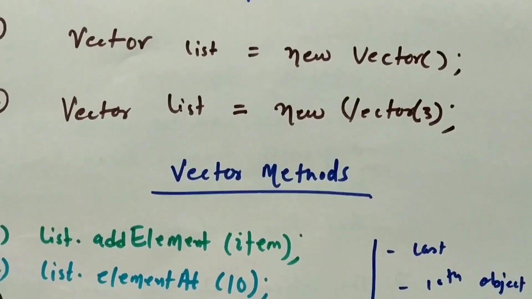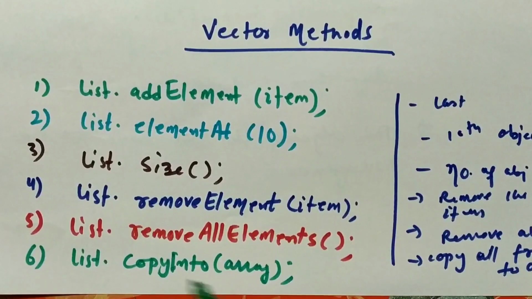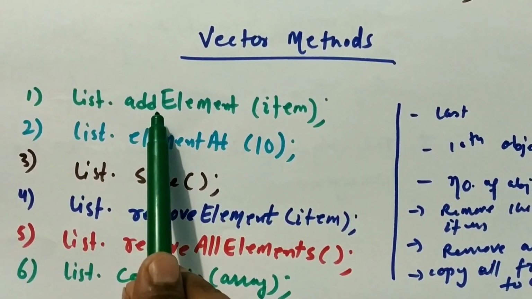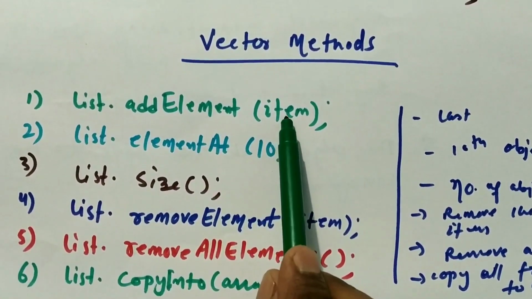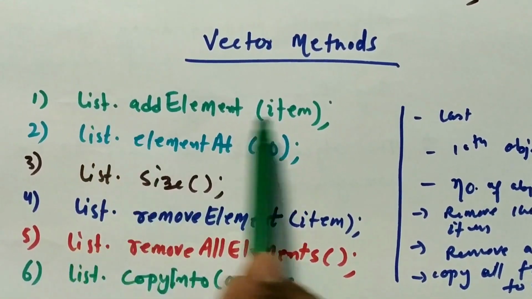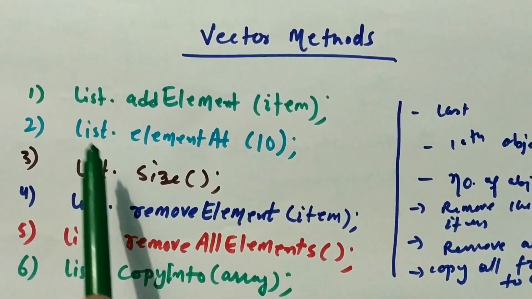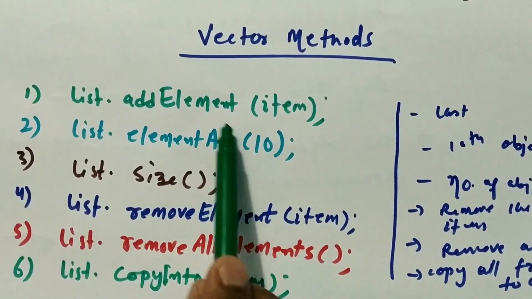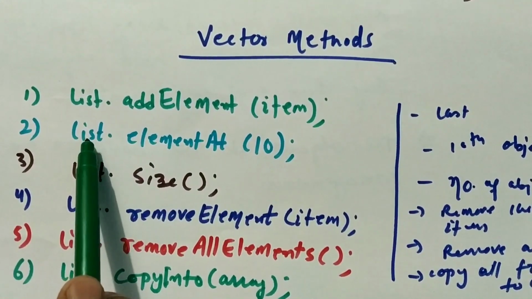Now let us talk about some vector methods. I have mentioned a few of them. The first one is list.addElement(item). This method describes that we can add an item at the end of this list. Next is list.elementAt(10). This method shows the 10th object of the list.